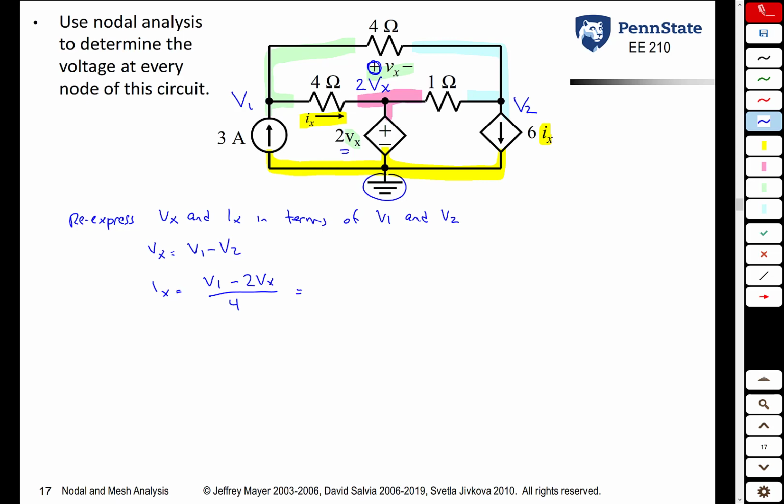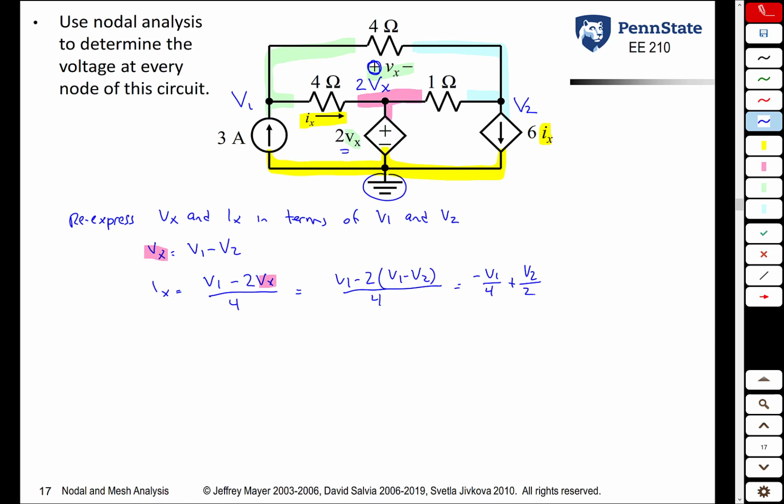Remember, we want to express Ix only in terms of V1 and V2. So now what we need to do is we take this expression for Vx and plug it in there. And so we get that Ix is equal to V1 minus 2 times V1 minus V2, all of that over 4, or negative V1 over 4 plus V2 over 2.